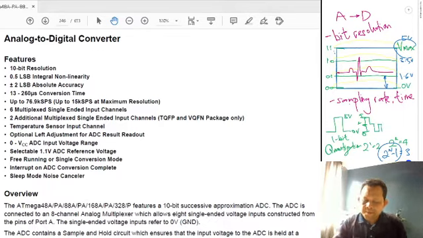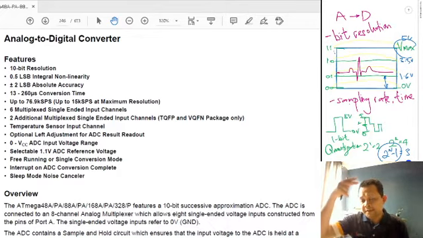So let's say I'm doing 2 bits. I have an ECG signal, and I have 2 bits in terms of voltage level, the bit resolution, and then I also want to look at the sampling rate.